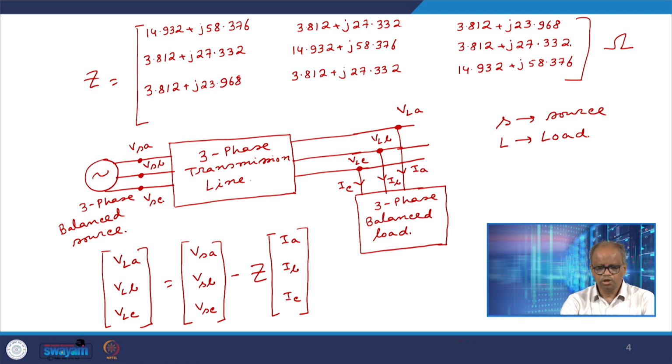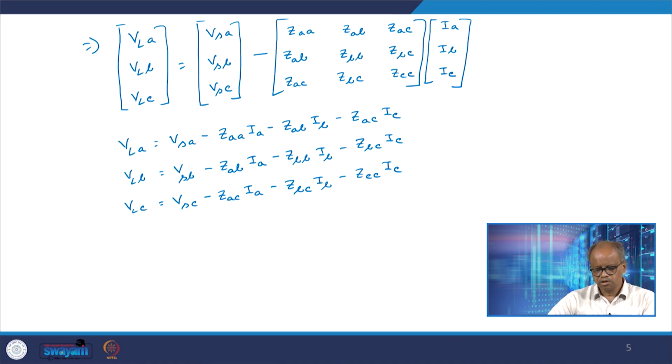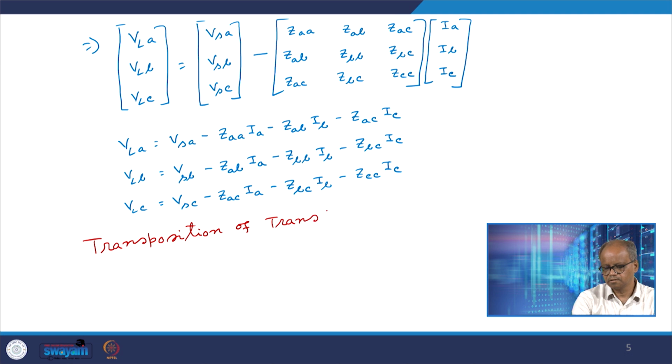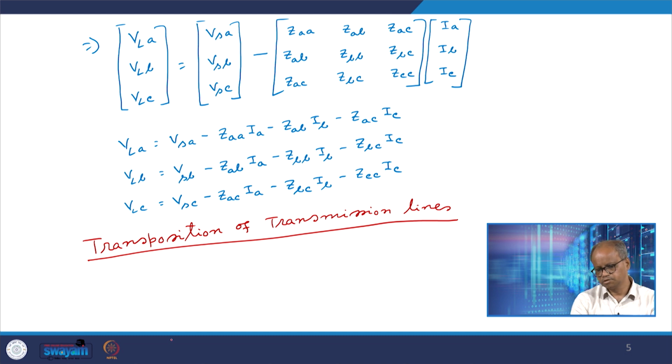So, to reduce this unbalance, we usually do something called transposition of transmission lines. Of course, I am sure this term is known. So, what do we do in the case of a transposition?